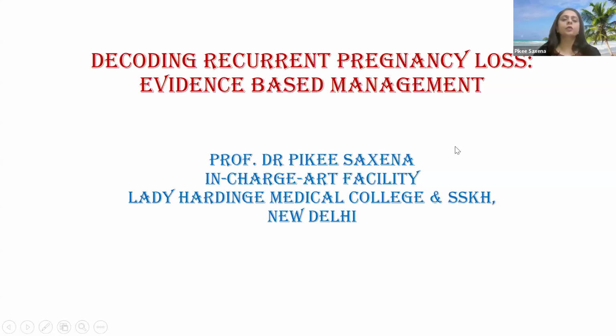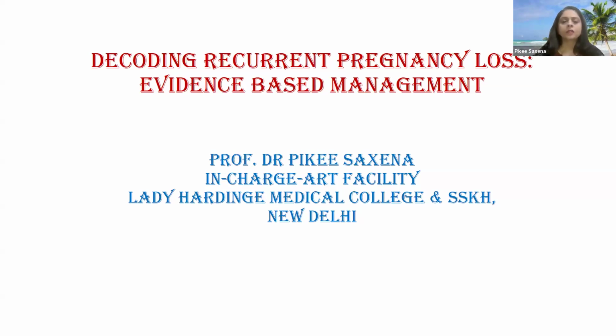So we will be talking about decoding recurrent pregnancy loss, evidence-based management. We are all dealing with patients who are coming with repeated pregnancy loss. There is so much confusion and controversy regarding what is actually considered: whether chemical pregnancy, ectopic pregnancy, threatened abortion, or molar pregnancy are included in recurrent pregnancy loss.